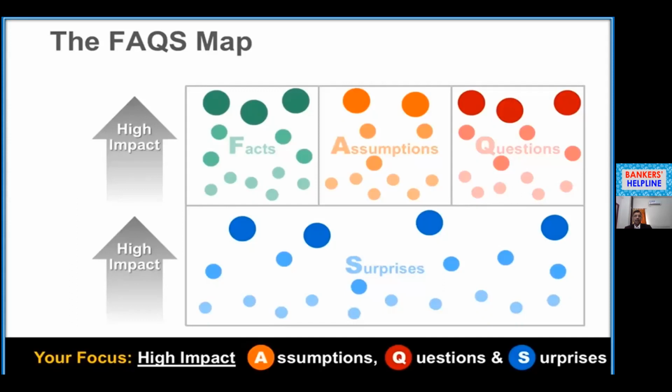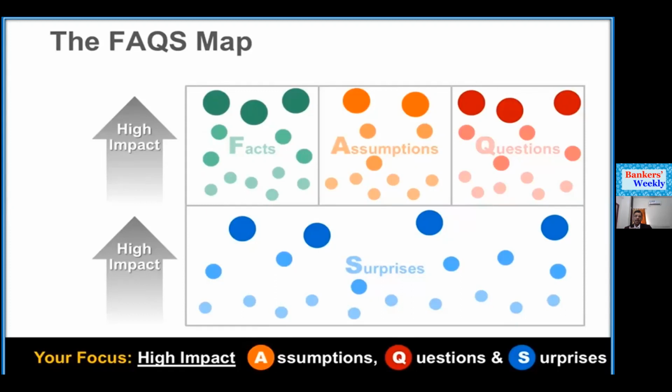When you analyze this FAQs map, you will come to know its impact. When you know the facts better, the impact of the uncertainty will be less, and it increases towards the surprises. Sometimes the small dots indicate that the impact of surprises or assumptions or questions or facts is less, and it is going on, it may be moderate.